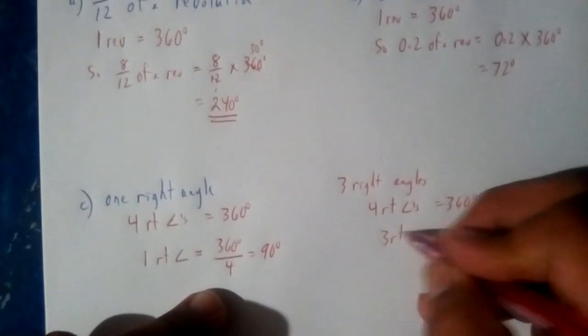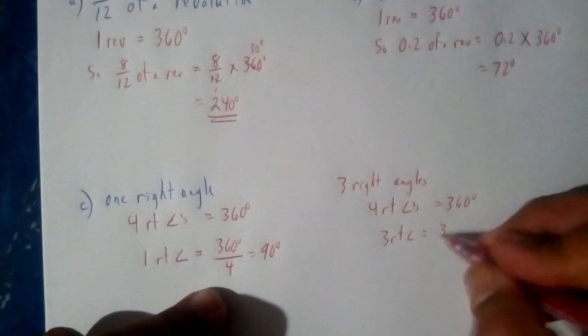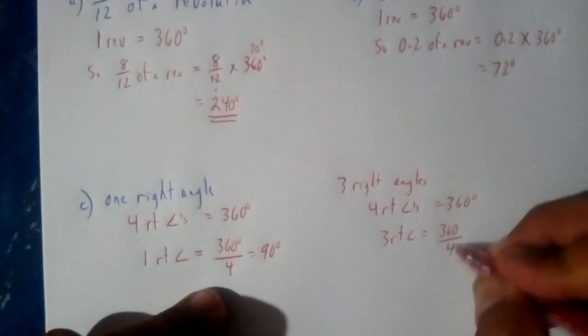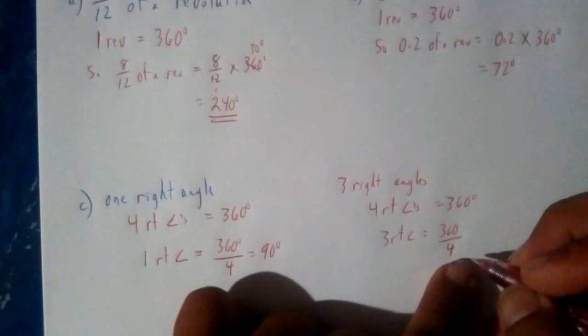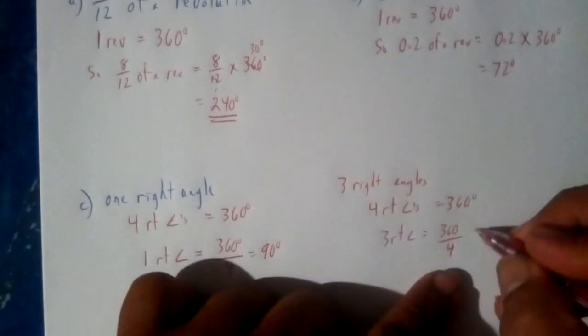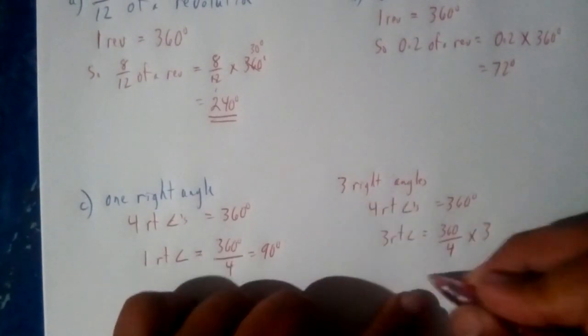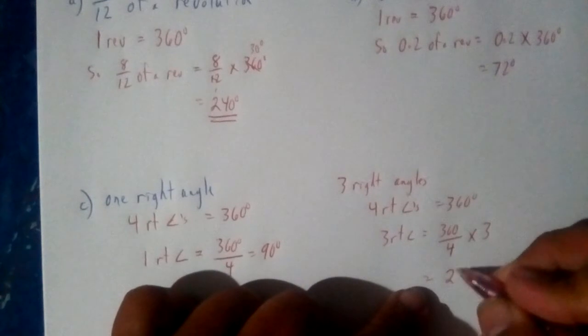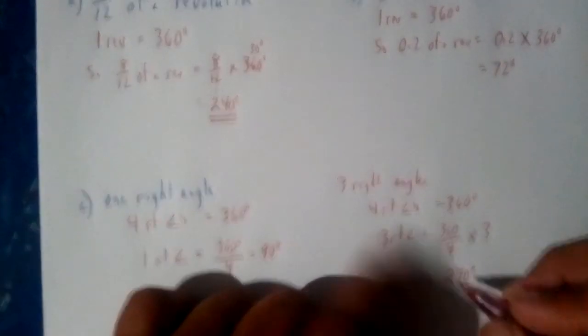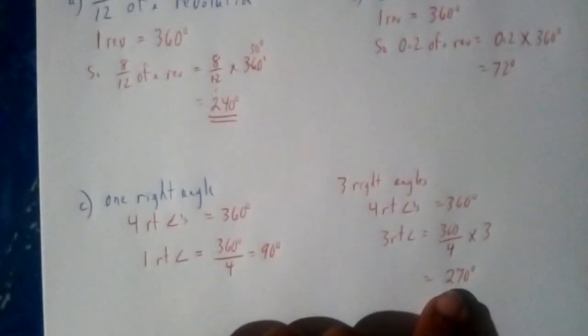Therefore, 3 right angles is equal to 360 degrees divided by 4, which gives us the size of one right angle, but we want 3 right angles, and that gives us 270 degrees. Therefore, 3 right angles is equal to 270 degrees.